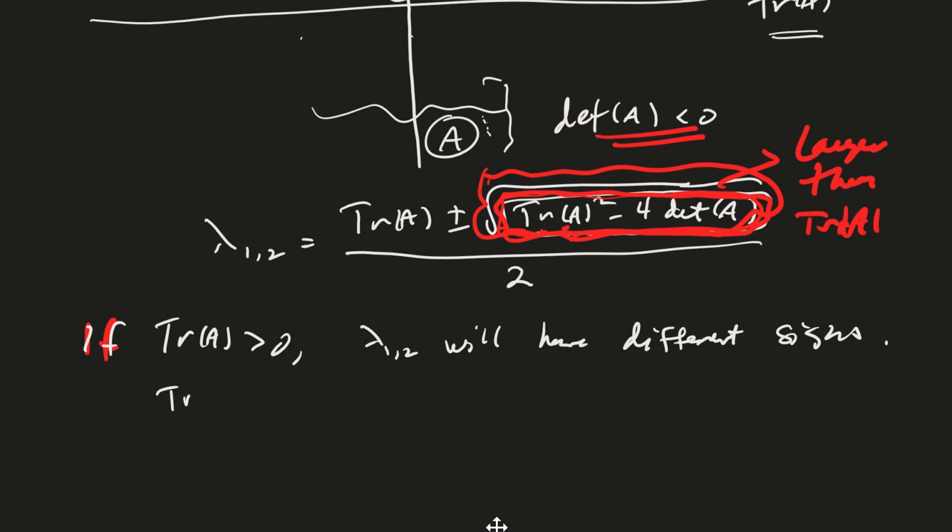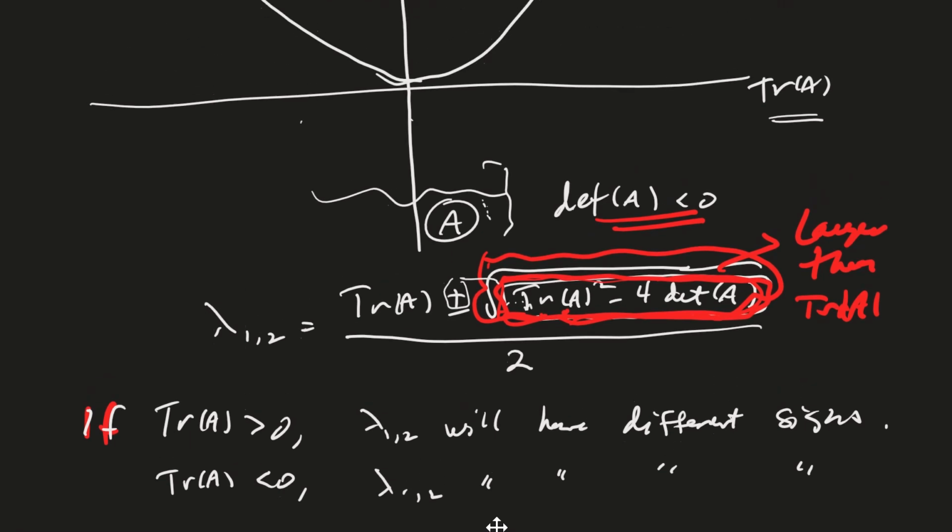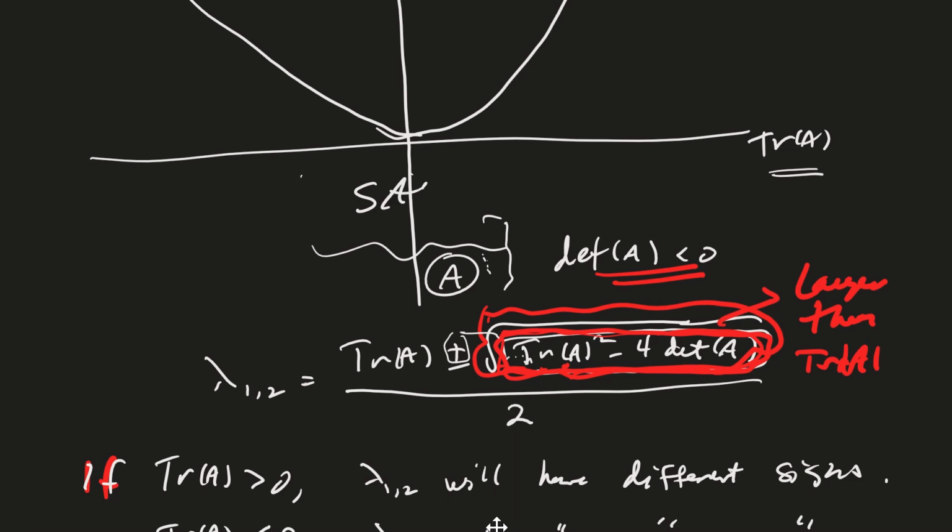And similarly, if the trace of A is less than 0, do we get different signs again? Yes, because this positive part will mean that one of the lambdas is going to be positive. So the same thing happens. The summary of what's happening here is that down in this region we get saddles.